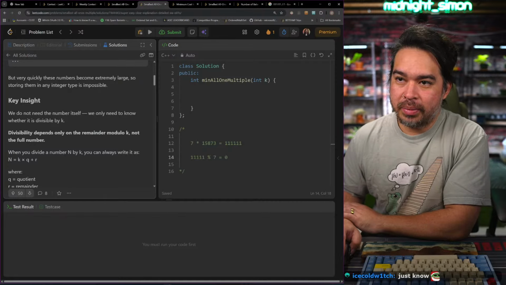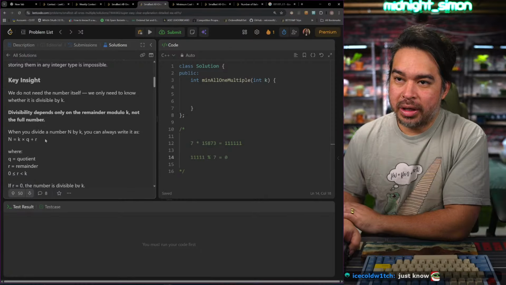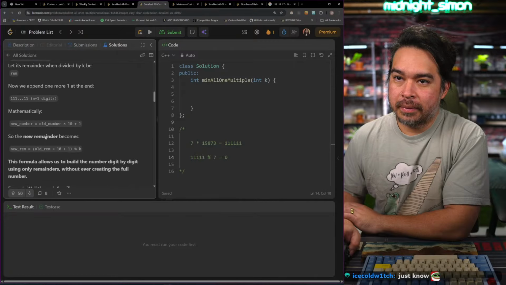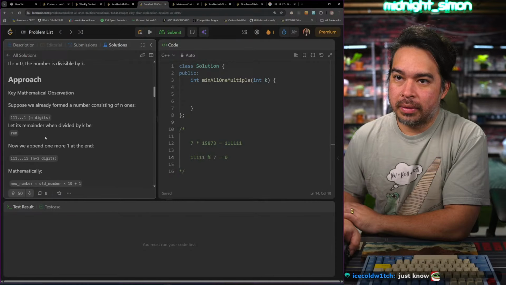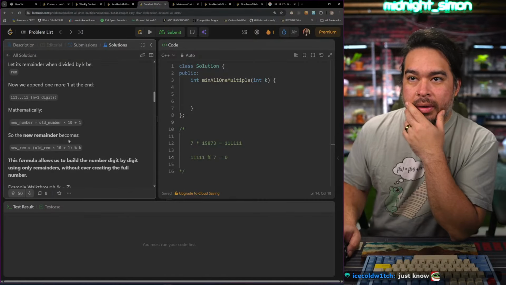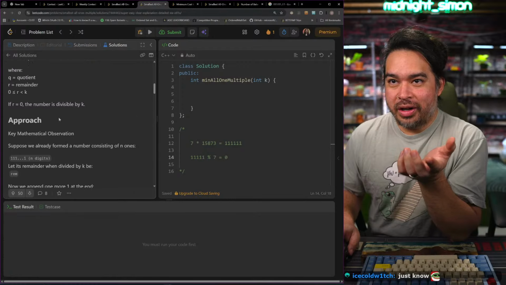Divisibility depends on the remainder modulo k, not the full number. When you divide a number n, alright, let me try and read this, man.